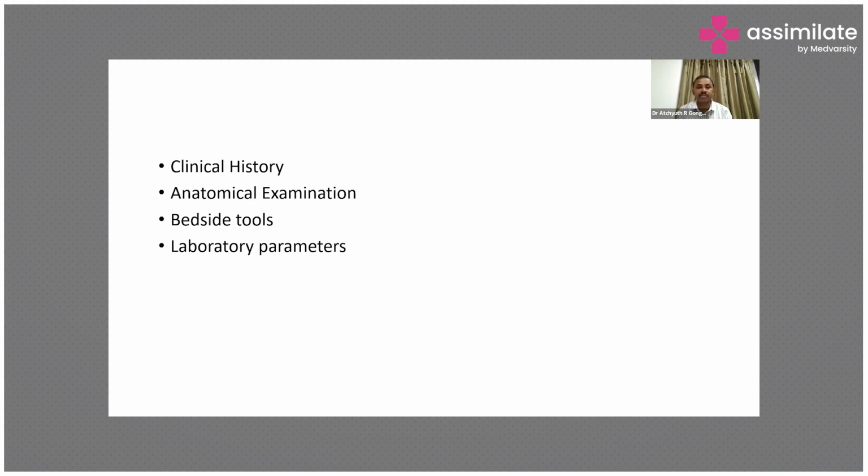And then the laboratory parameters like how are the electrolytes, and how are the hemoglobin and packed cell volume, and how are the lactates, how are the bicarbonates. These all would help you to assess the patient's tissue perfusion, and see if the patient is stable hemodynamically or not.